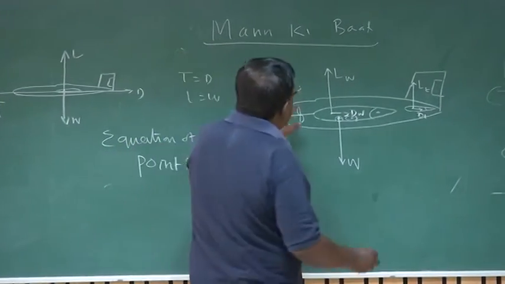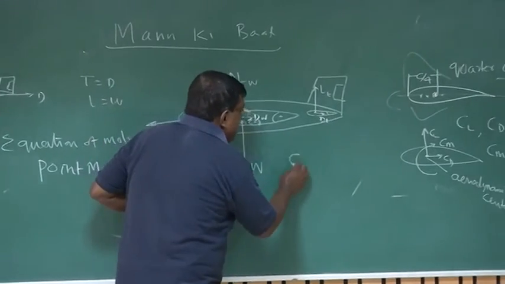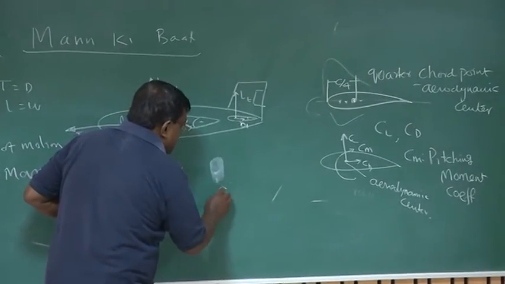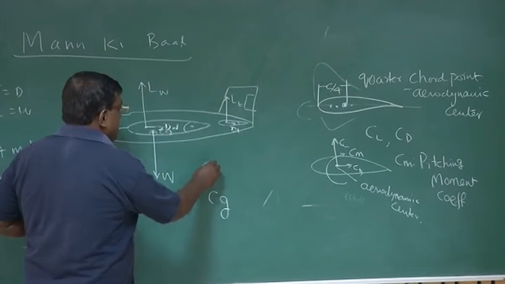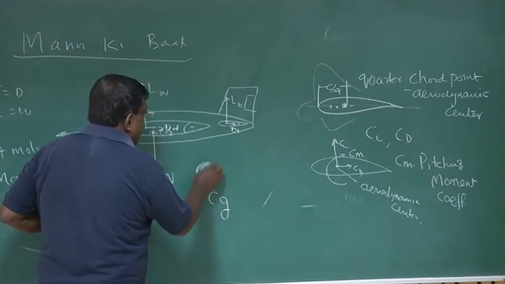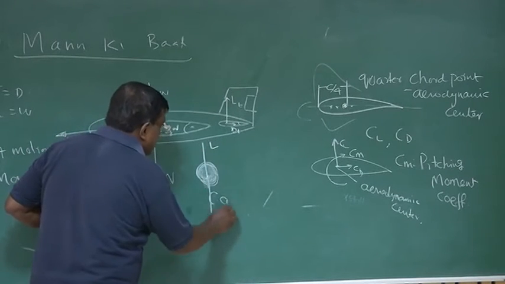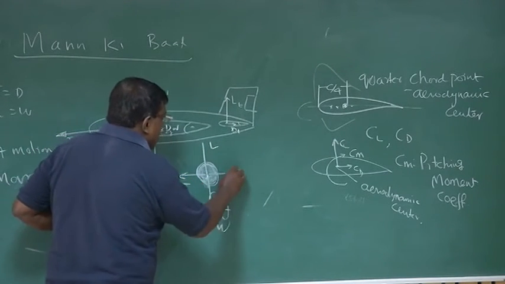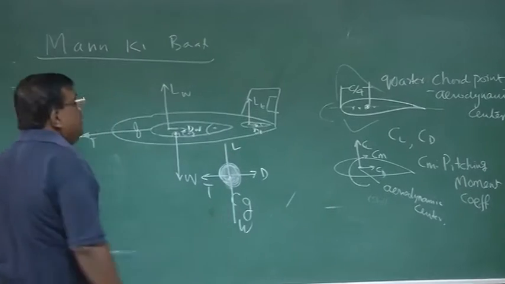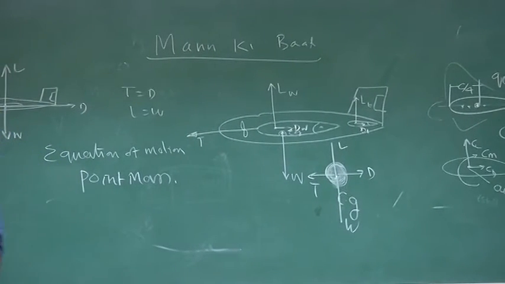So I am assuming the whole mass is concentrated at the CG. And whatever we are writing, lift, weight, thrust, drag, all are assumed to be applied on that point mass. Okay?